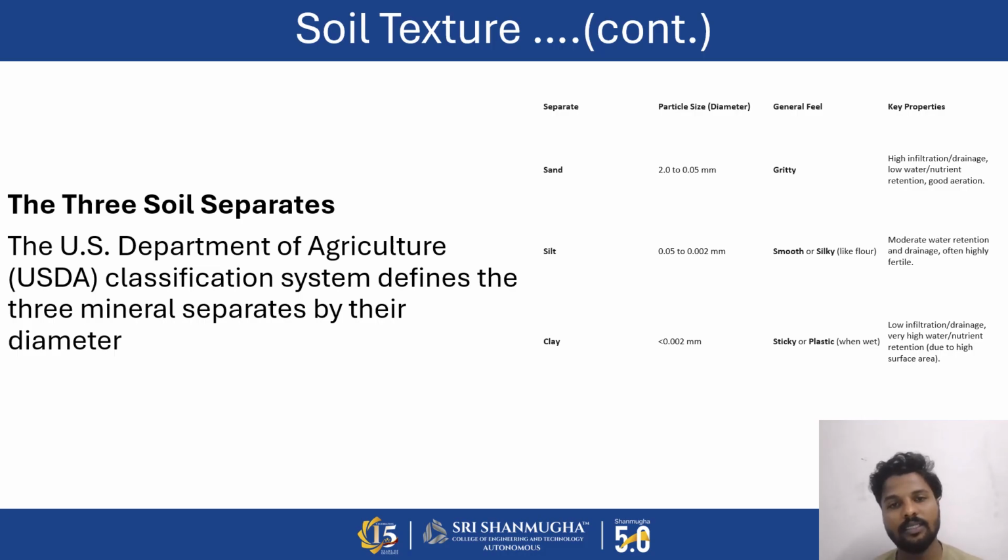Then the next one is the silt separate, with sizes in diameter ranging from 0.05 to 0.002 millimeter. This generally feels smooth and silky like flour. It has properties like moderate water retention and drainage, and is often highly fertile because of its high organic content. That's why it has high fertility. So soils having silt separates are generally called fertile soil.